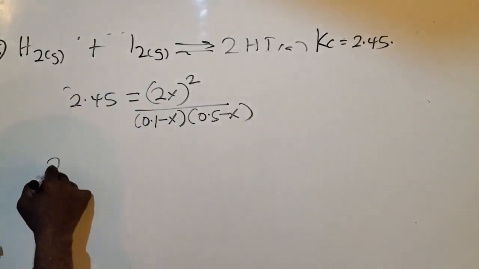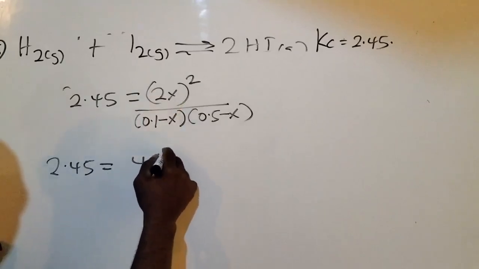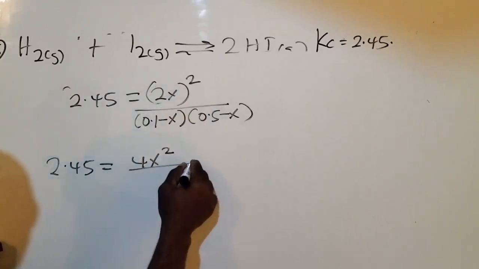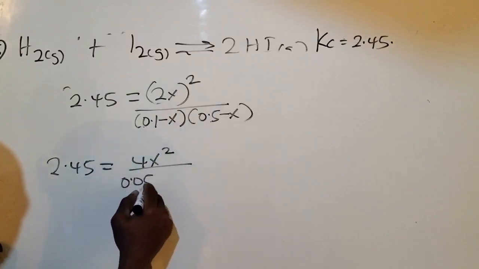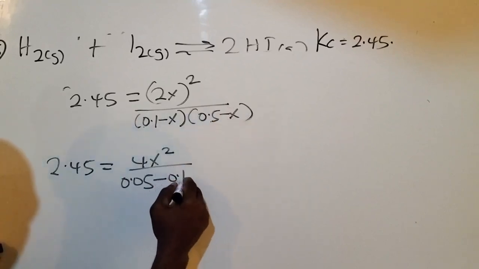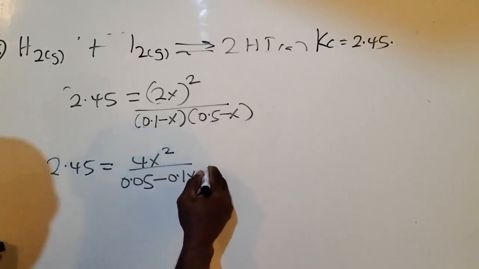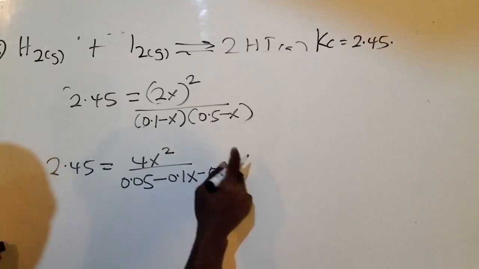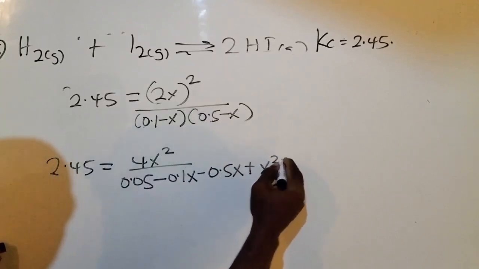So we're going to expand the denominator. Now we have 2.45 equal to 4S squared, that is 2S times 2S, all over 0.1 times 0.5, which gives 0.05. 0.1 times S gives 0.1S. Minus S times 0.5 gives minus 0.5S. Minus S times minus S gives plus S squared.